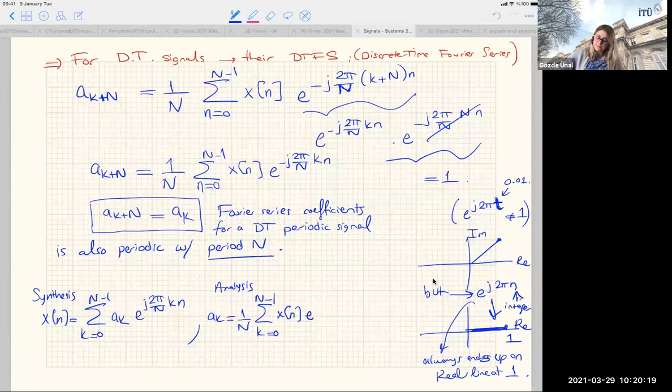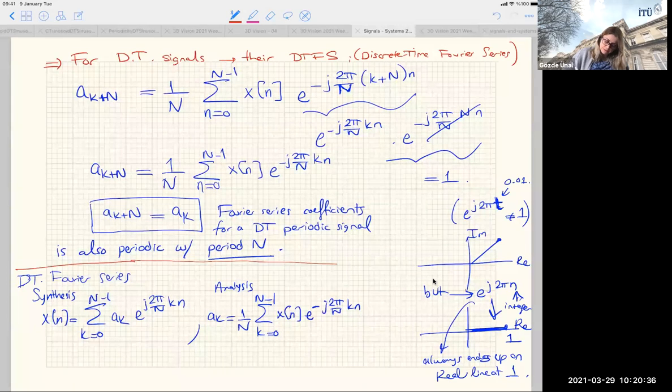Remember, it's minus now, just be careful, e to the minus j 2 pi over N kn. Okay, synthesis and analysis of the discrete time Fourier series. This is summarized here, guys, for a periodic x of n. Periodic is important here.